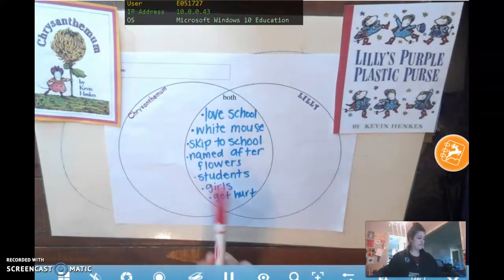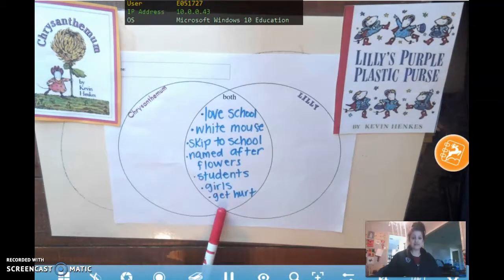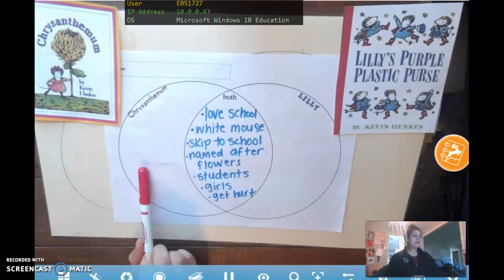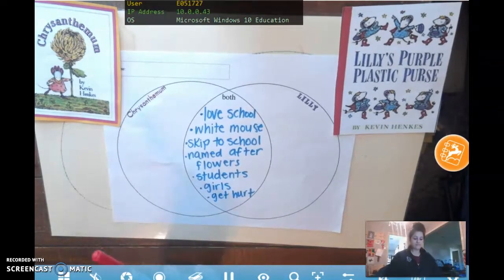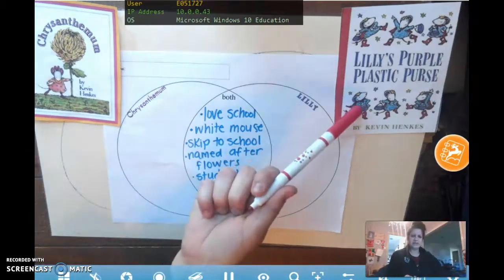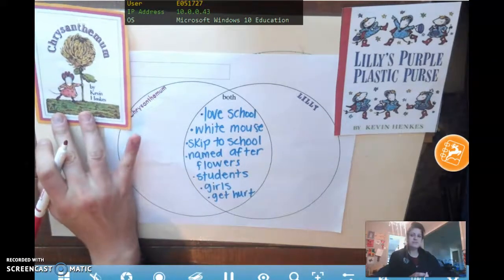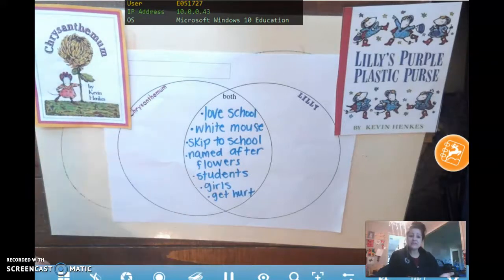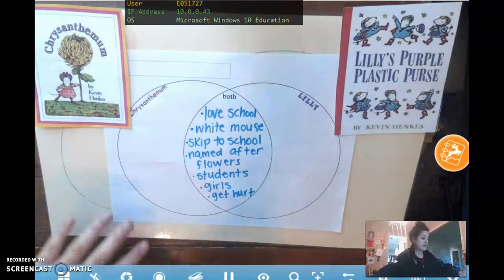That's extra, remember? We're focusing on how they're the same, but I want you to be thinking about ways that they're different. So with Chrysanthemum, her friends made fun of her name. Lily's friends didn't make fun of her name. That was the problem in Chrysanthemum, is that her friends made fun of her name, or I wouldn't really say they were her friends, but they made fun of her name.